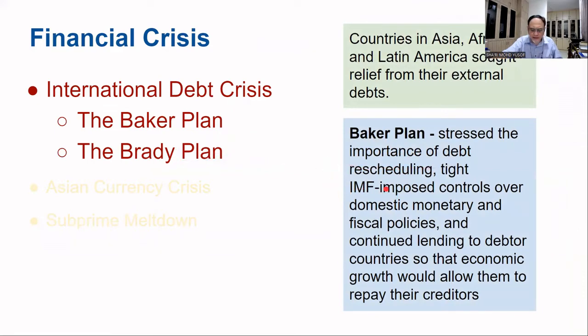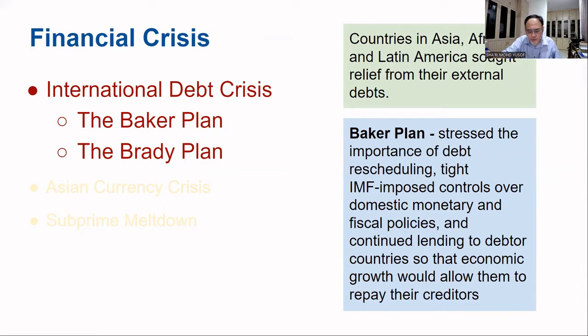James Baker was the U.S. Treasury Secretary. In 1985, the Baker Plan, he stressed the importance of debt rescheduling. So you can reschedule your debt. Countries can reschedule debts. Then there's tighter IMF control on the payment, and also on how they use their loans.